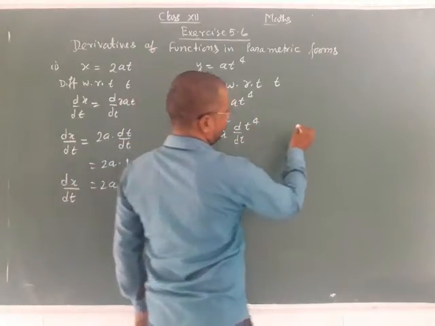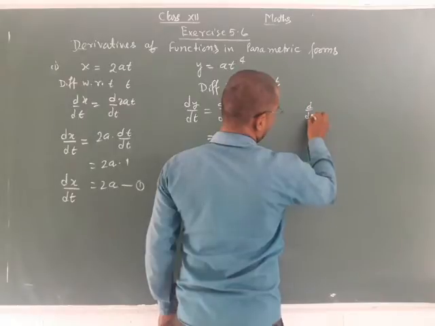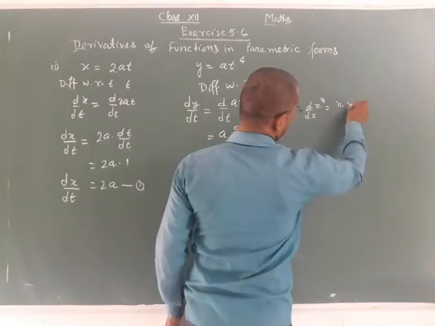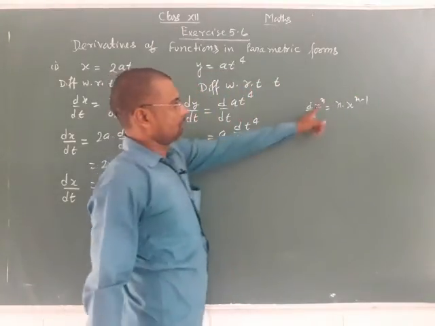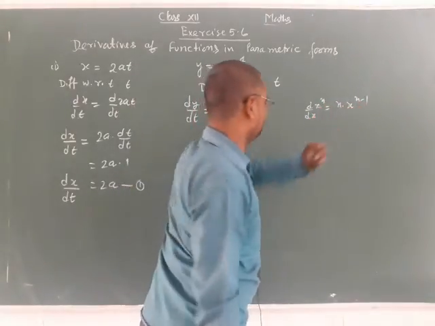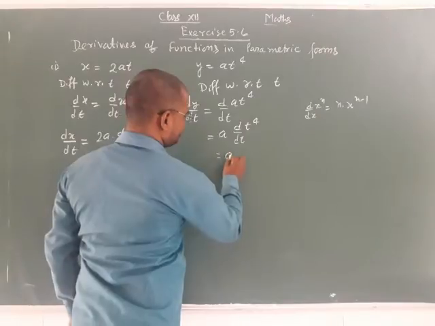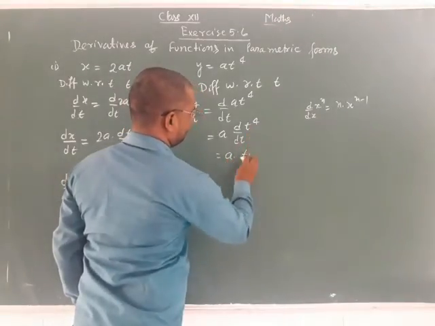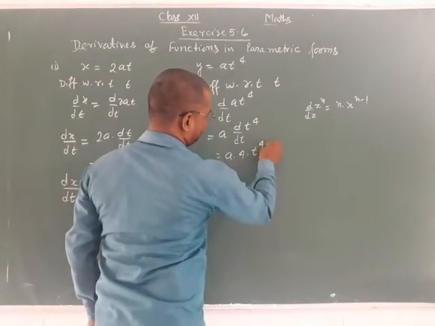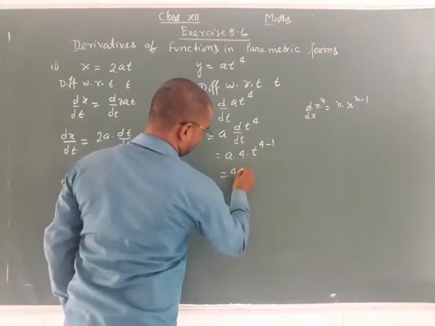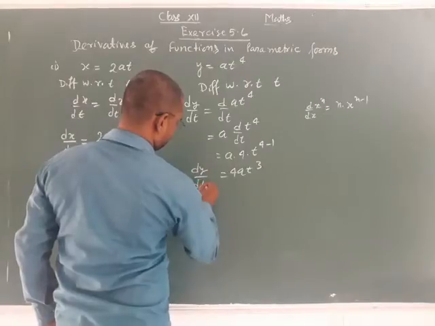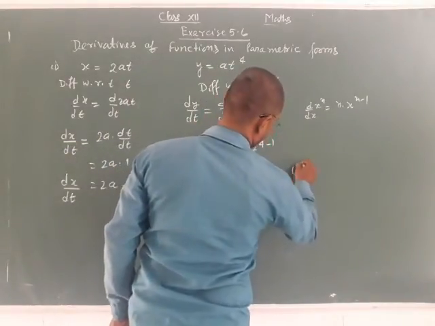We know that d upon dx of x to the power n is n times x to the power n minus 1, decreasing the power by 1. So n times 4, t to the power 4 minus 1, so 4a t to the power 3. So that is dy upon dt.